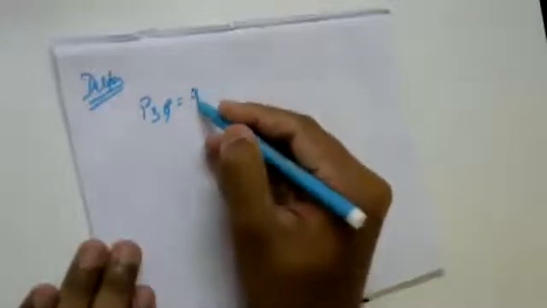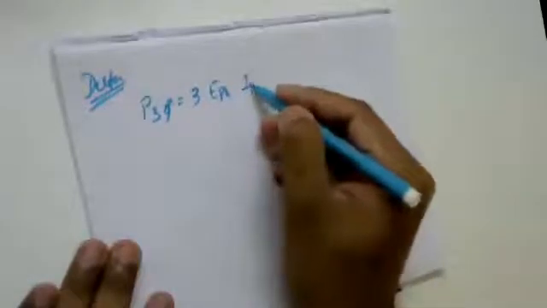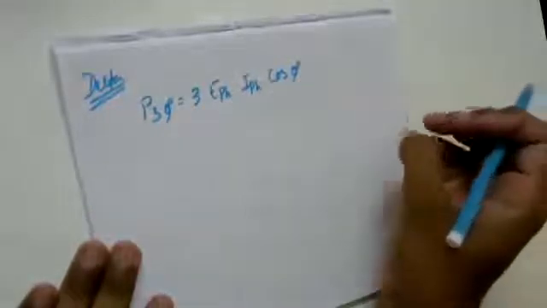The same thing can be verified even in case of delta connected load. So what happens in case of delta load? In case of the delta load, the power consumed in a three phase circuit is given by, okay, as we know the standard equation, 3 into E phase into I phase into cos phi.